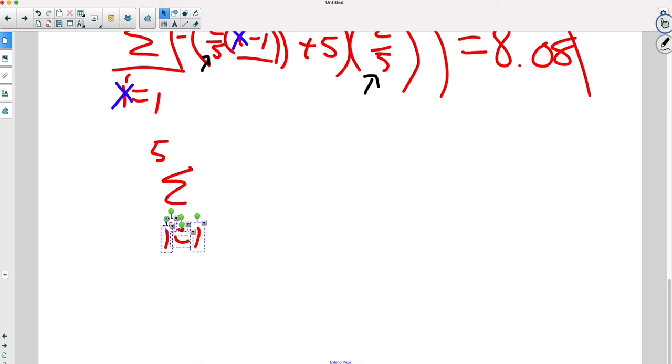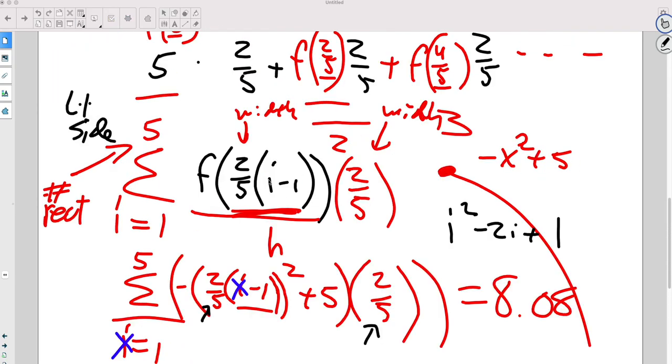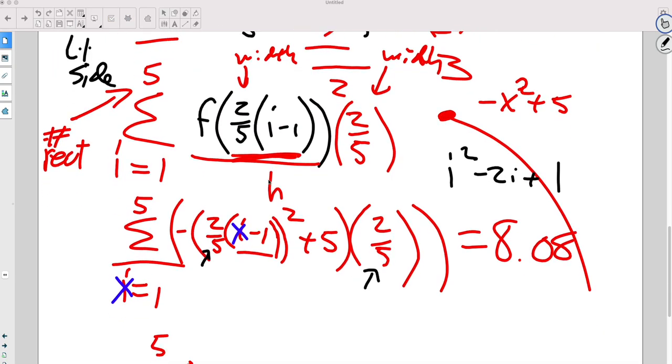It's really tricky to put in summation notation. It just is. You've got to be real careful. Sometimes if you see a different sized parenthesis, there's a good chance that something's messed up.